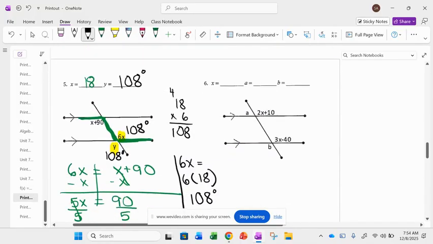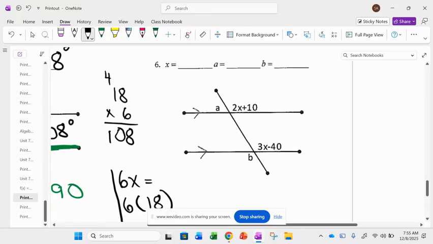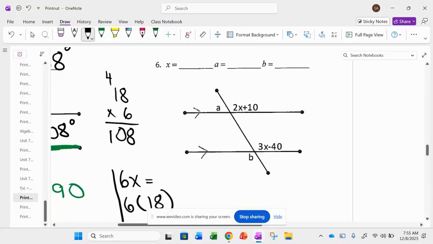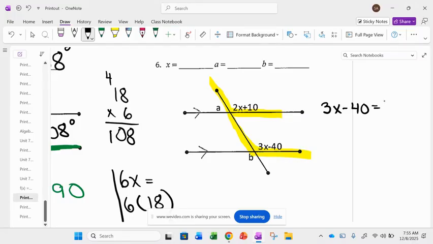All right, number 6. Since there's no number here, I'm going to use the 2 expressions that have x in it and try to make a letter. What letter have I made? An F. And what do we know? The angles in the F have to be congruent. So I'm going to have 3x minus 40 is equal to 2x plus 10.